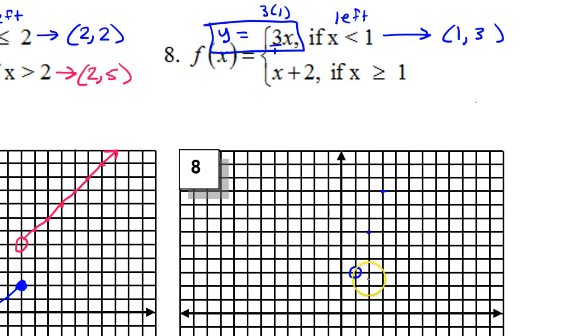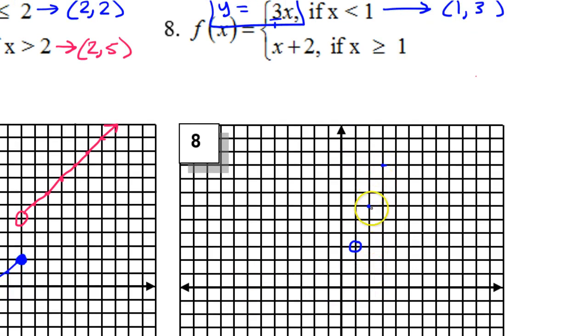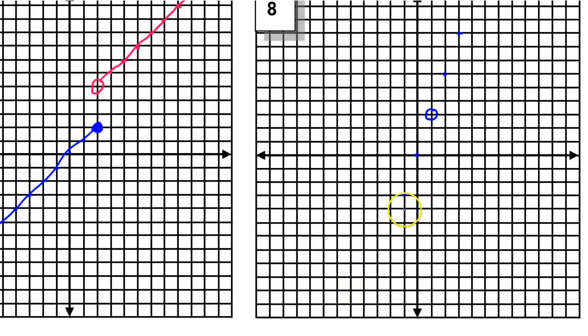So if I want to go to the left, I need to reverse this and go down 3, left 1. So I will continue to go down 3, left 1, down 3, left 1, and continue down 3, left 1, etc. So the first piece of my piecewise function is going to look like this.